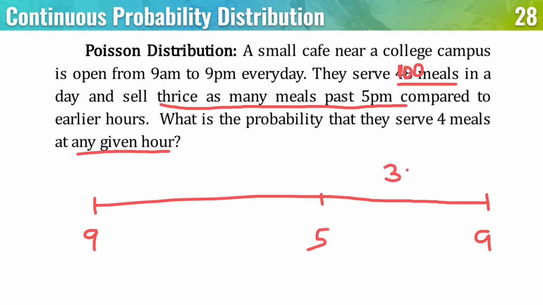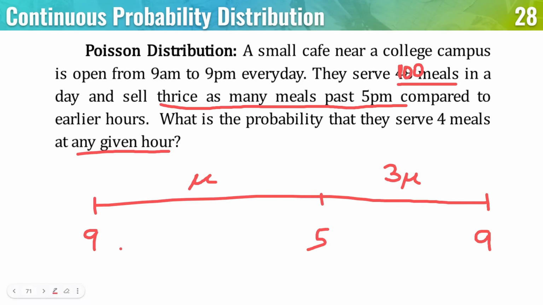So we represent this as 3 mu, since it's thrice as many meals past 5 p.m. compared to earlier hours. Assuming that our average is mu, and it applies from the hours 9 a.m. to 5 p.m., and then it's tripled between 5 p.m. and 9 p.m. We have 8 hours here.